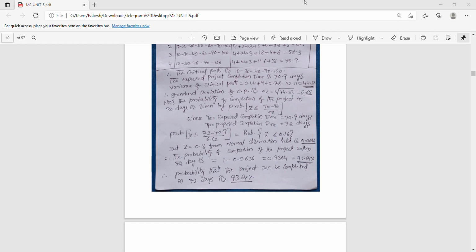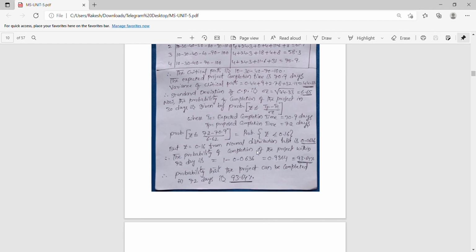Now you can see the distribution table here, and we want the value of 0.16. For 0.16 you have to take 0.1 in the row and 0.06 in the column, and we will get 0.0636.